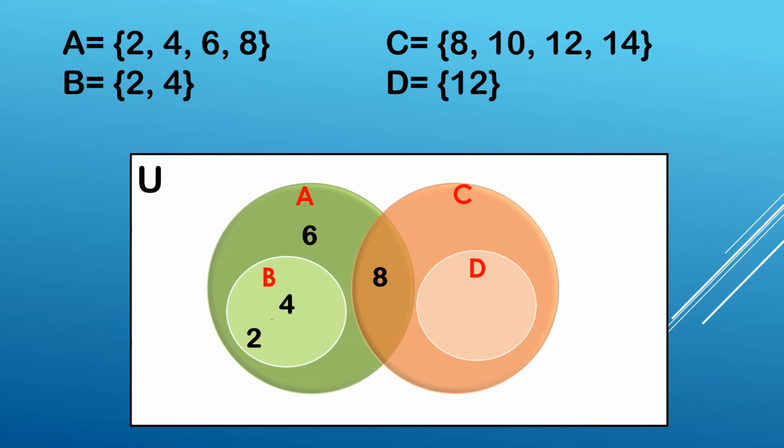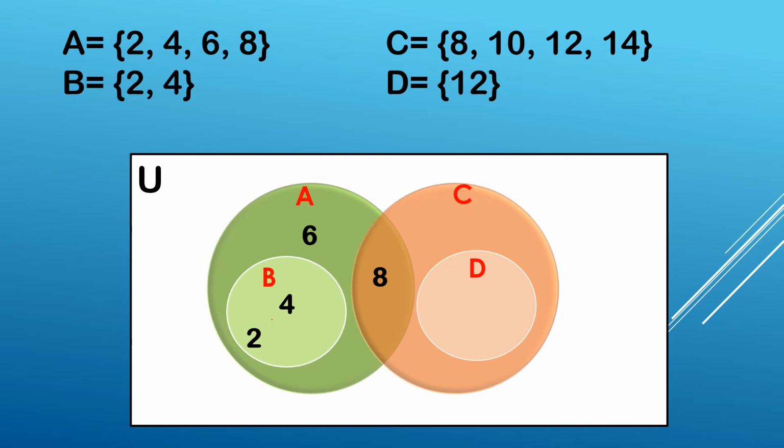Since 8 is a common element of set A and C, dyan natin siya ilalagay sa kanilang intersection. Nakuha? Again, since element 8 ay common kay both set A at saka kay set C, kaya dito natin siya ilalagay sa kanyang intersection.